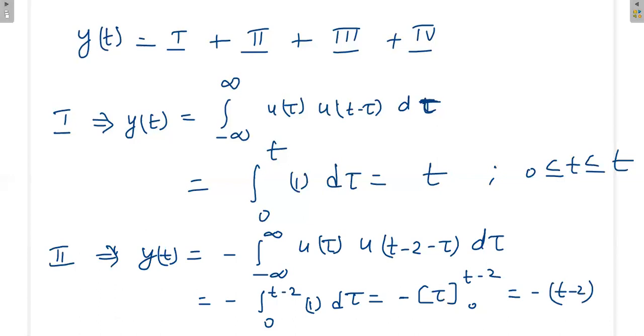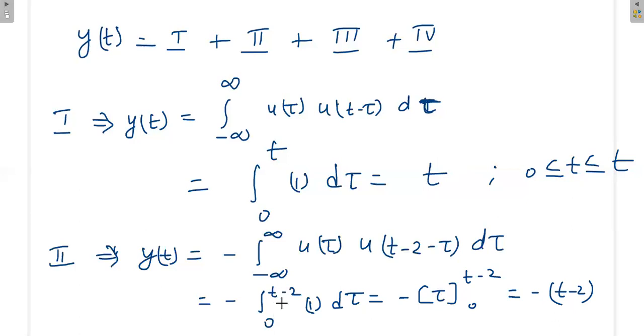But at what time is it valid? We have to identify that very clearly. The first answer is valid from 0 to t. What is the assumption here? This is the lower limit and this one is the upper limit. For this integral to be correct, the upper limit must be greater than the lower limit.